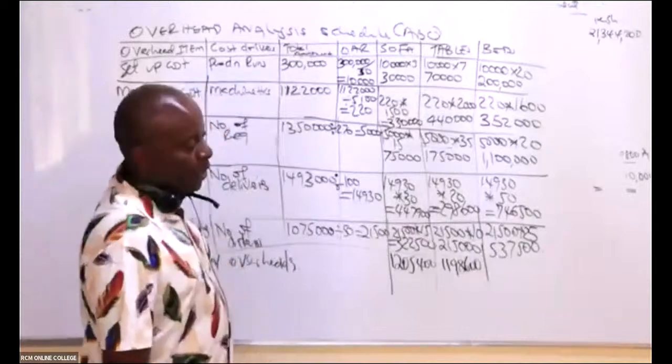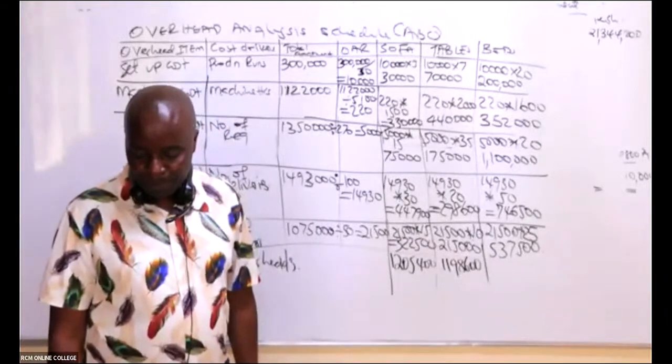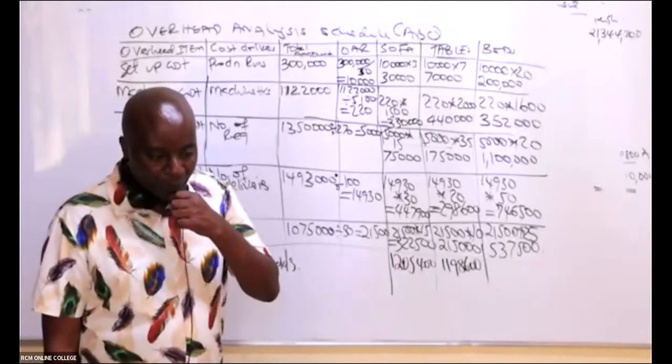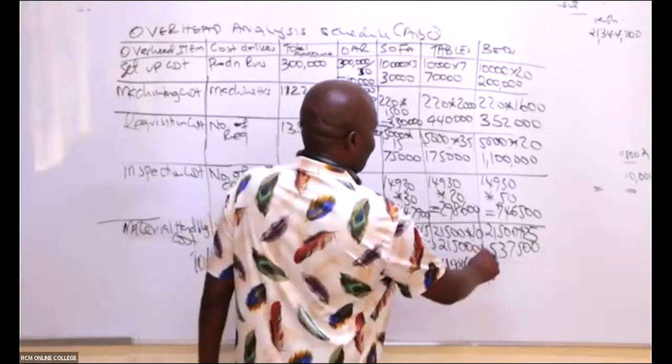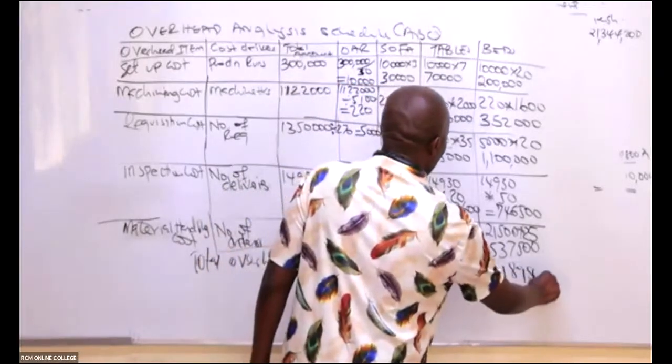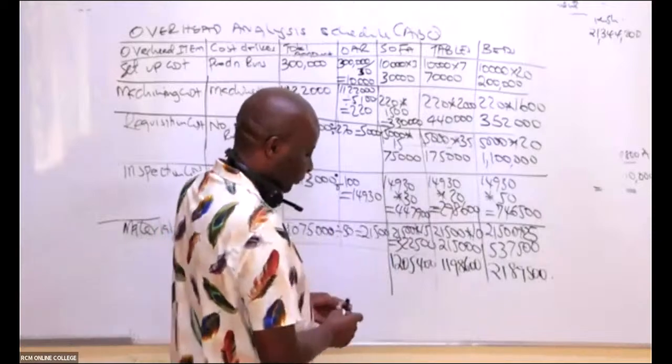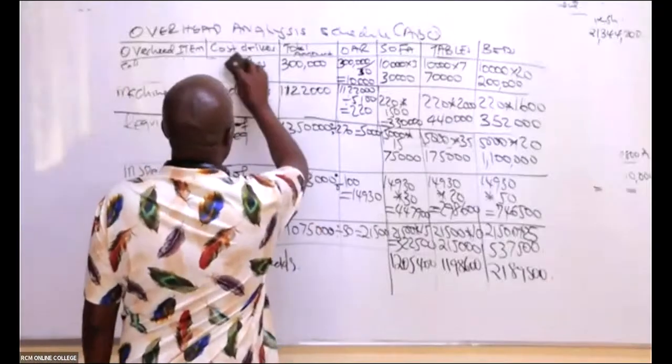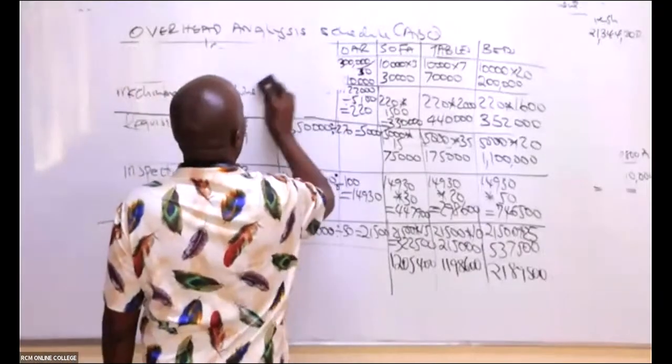After that, beds. So what do we have there for beds? 189,500. I will continue with that table.